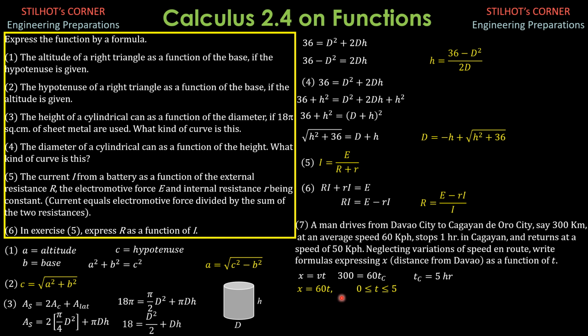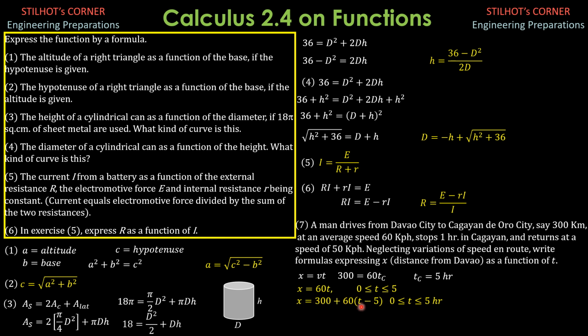And we can also write it in general as x equals 300 plus 60 times quantity t minus 5, also applicable for 0 less than or equal to t less than or equal to 5. So you may use this.